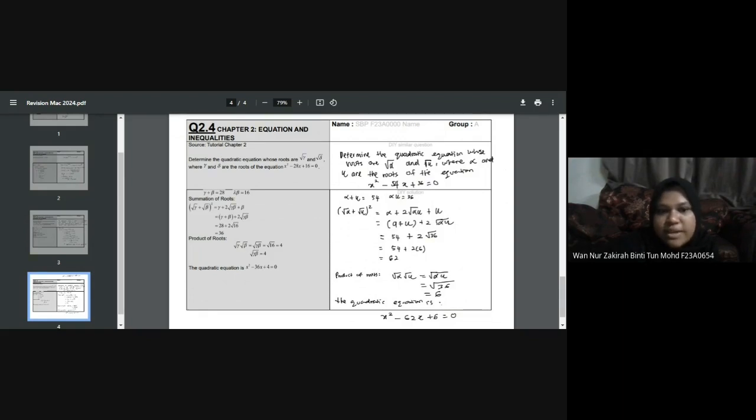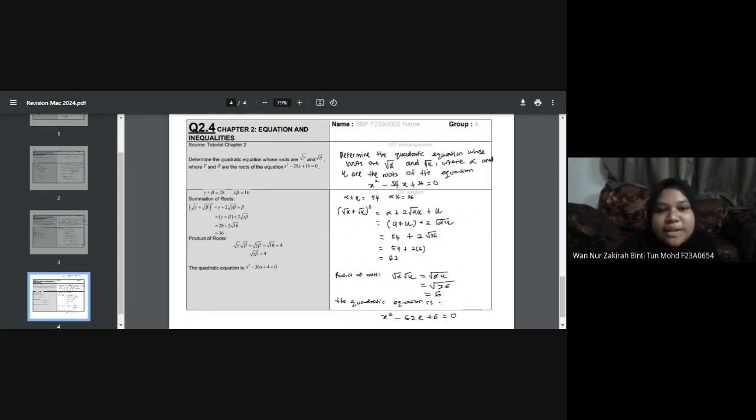The sum of the roots, alpha plus mu, is 54, and alpha times mu is the product of the roots, which is 36.